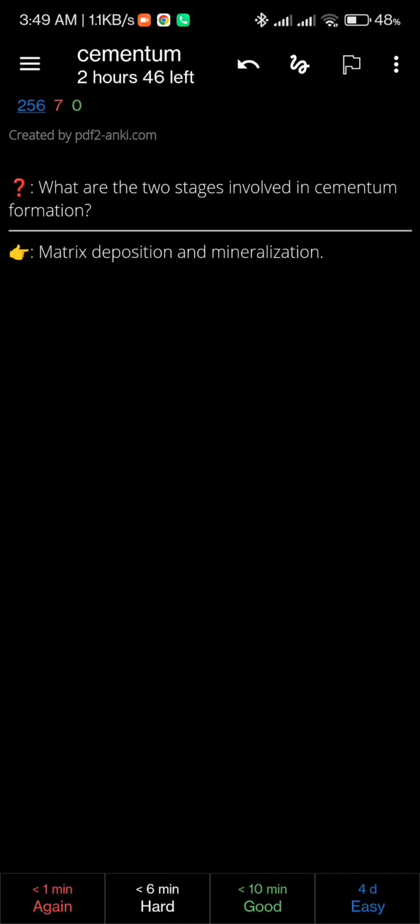What are the two stages involved in cemental formation? Matrix deposition and mineralization are the two stages involved in cementum formation.